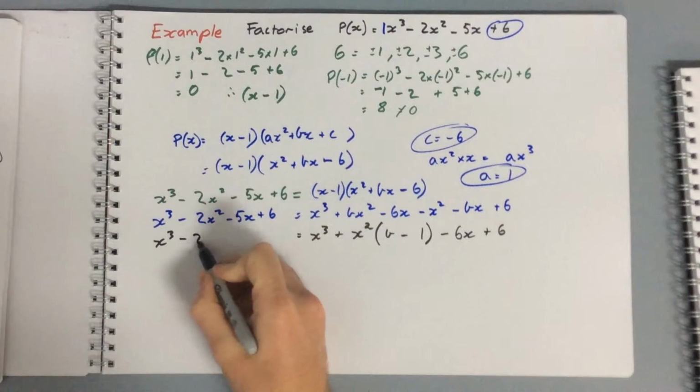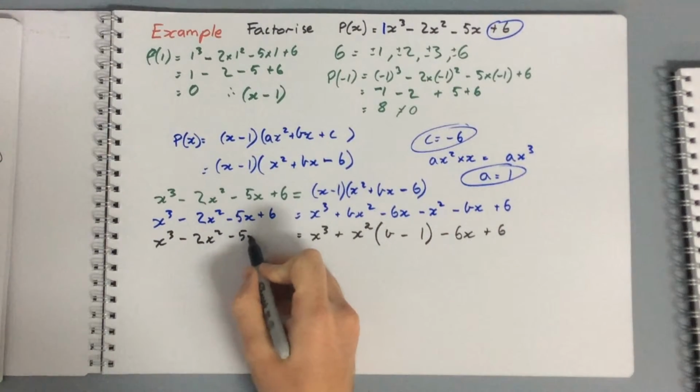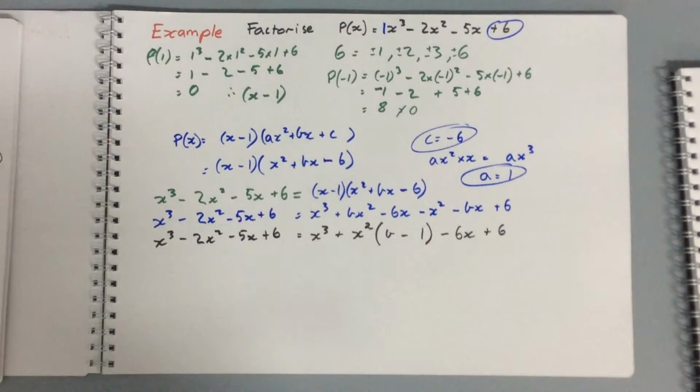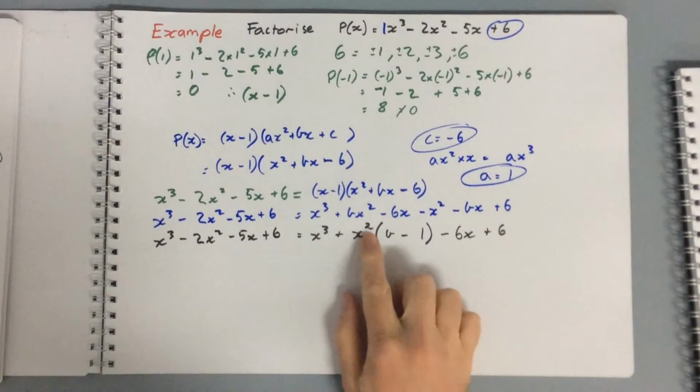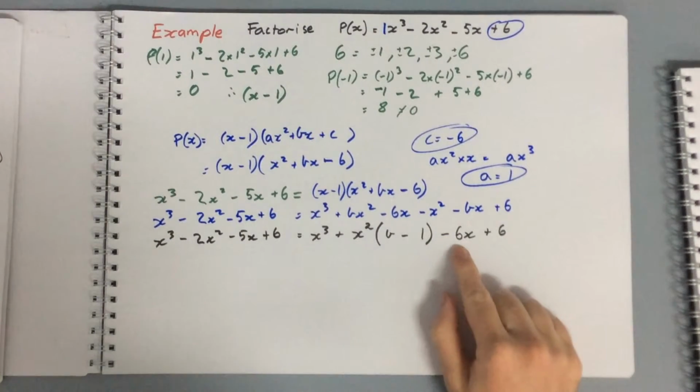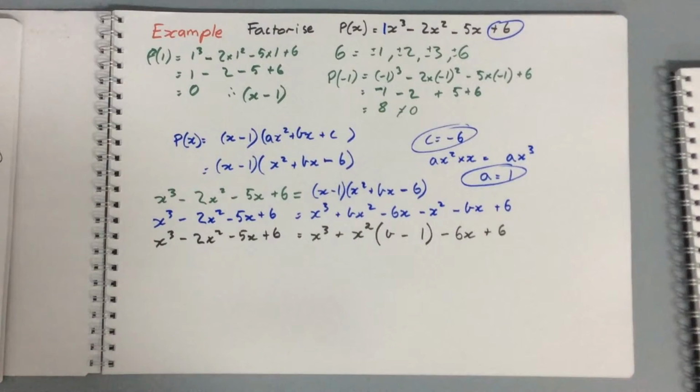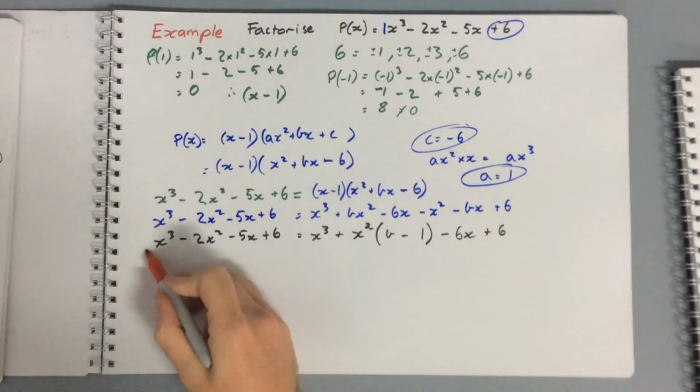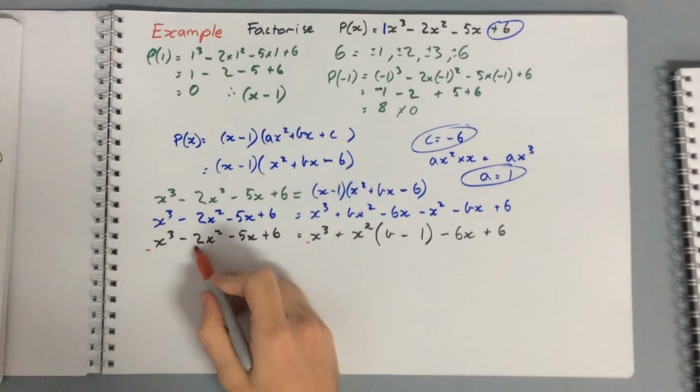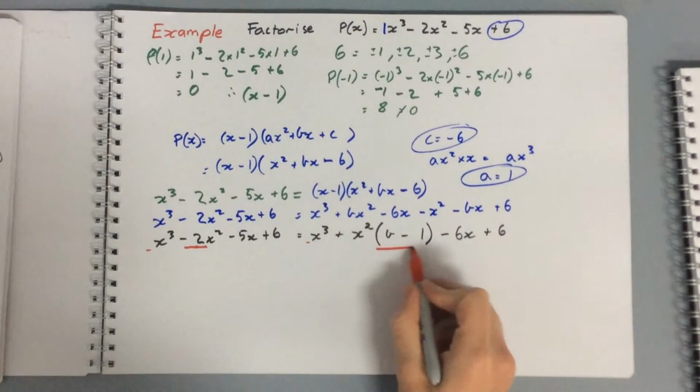So now, if we have a look, I've got x cubed take 2x squared take 5x plus 6 is equal to x cubed plus x squared times a constant take 6x plus 6. Equating coefficients, so we already know what that one was. We've got a 2 here, or actually minus 2, is actually going to be equal to that.